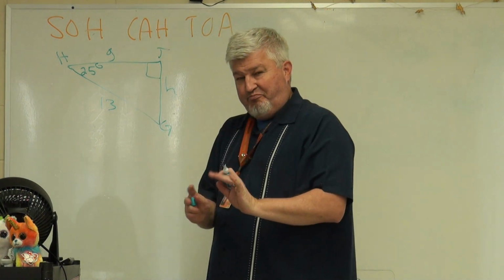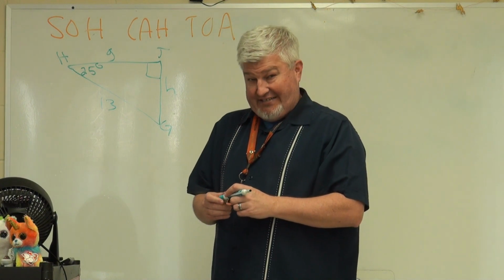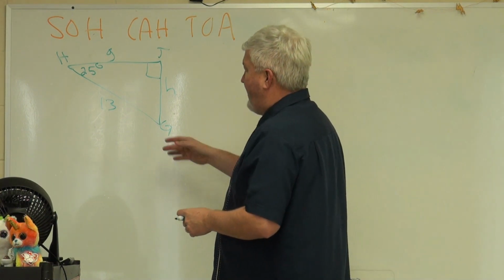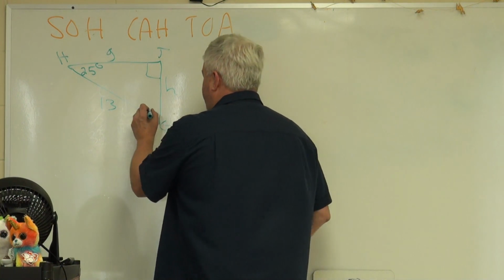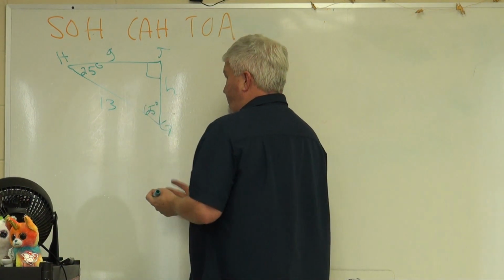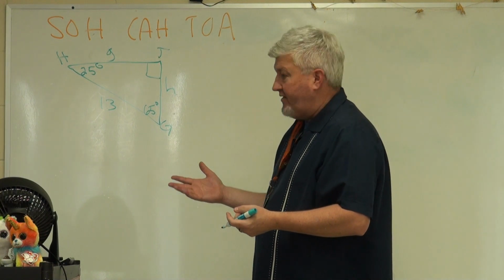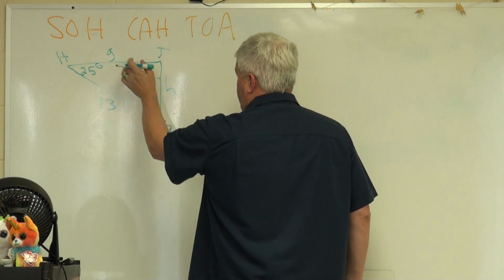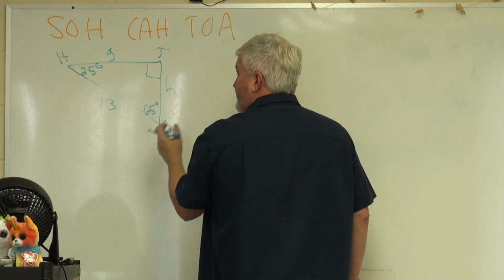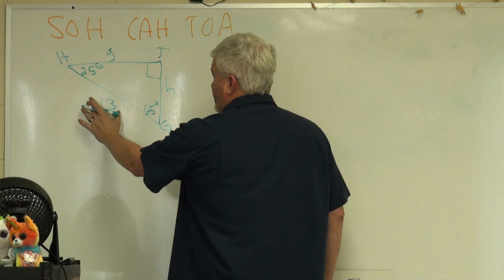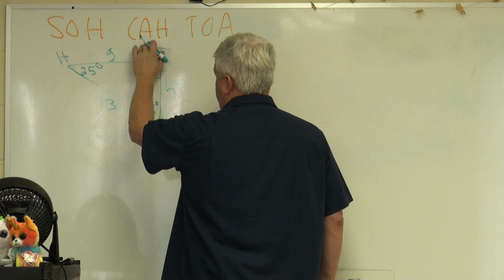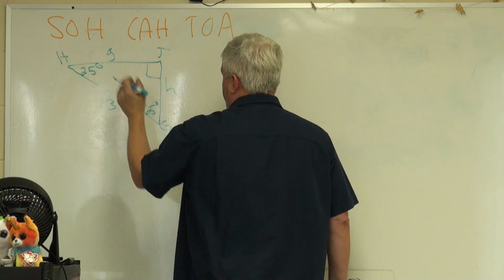Well, Emma, what's my first and easiest thing to solve for? Angle G. Angle G, right? If I know this is 90 and this is 25, clearly this is 65 degrees. Let's do that first. That's easy. 90 minus 25. Now, solving for little g, little h, the side lengths. They gave me the hypotenuse, so with SOHCAHTOA, that means I'm going to use sine and cosine, because they both have the h for hypotenuse.